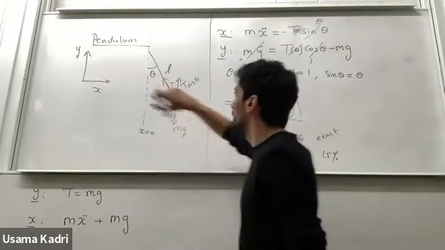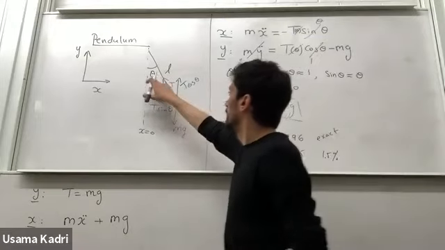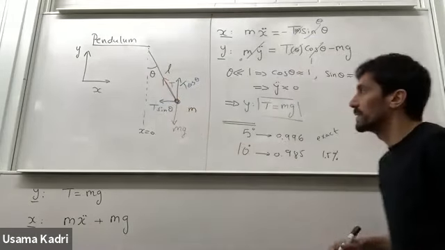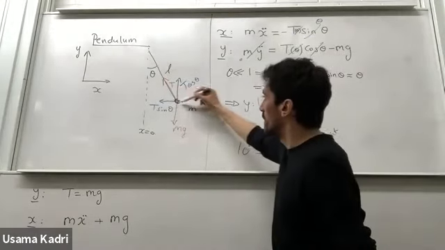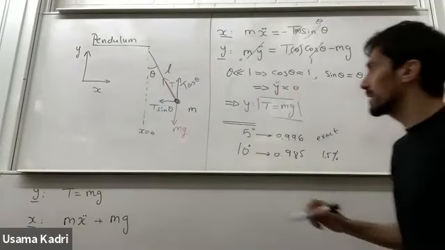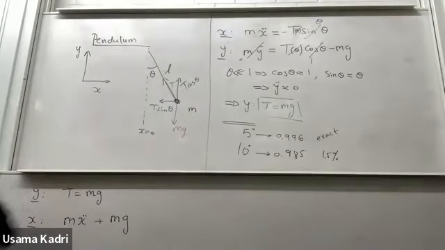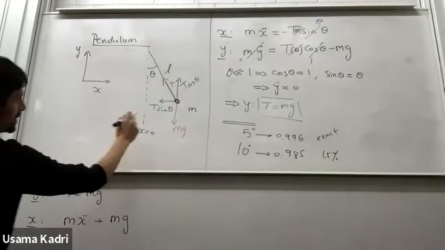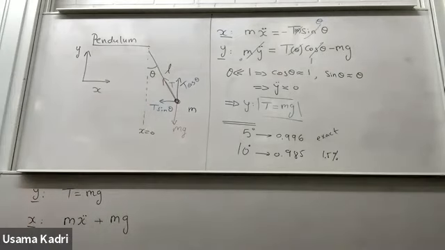what is theta? Think of it in terms of the distance here and L, right? So sine theta, which is theta in this case, equals, I'll write it down here.